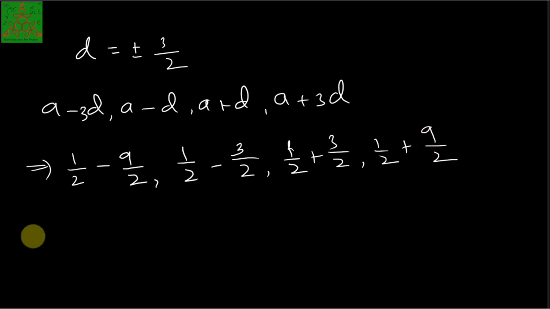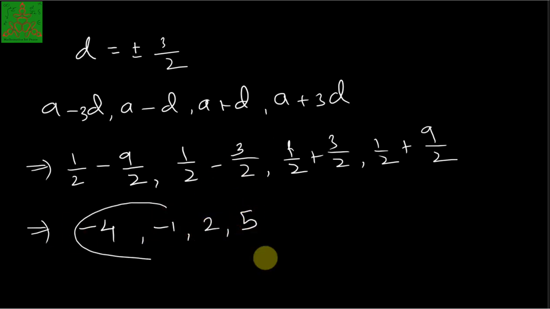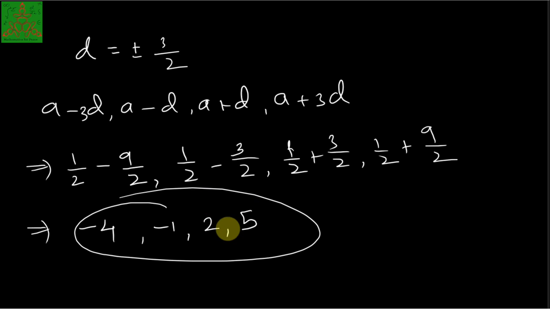So this gives you minus 4, minus 1, 2 and 5. They are the roots of the given polynomial.